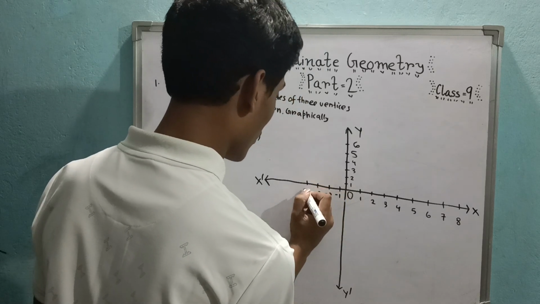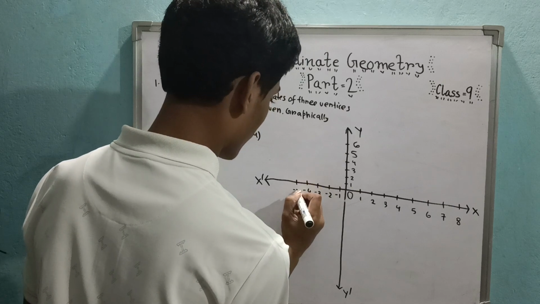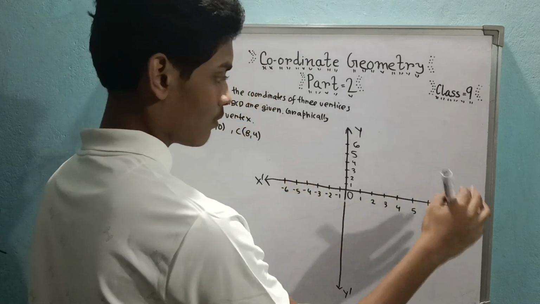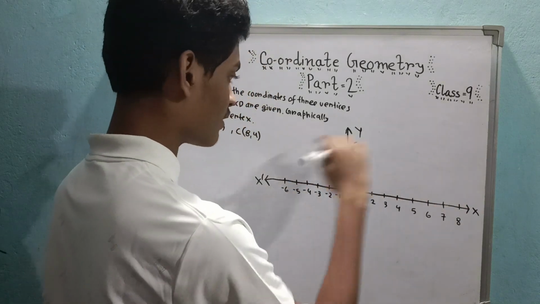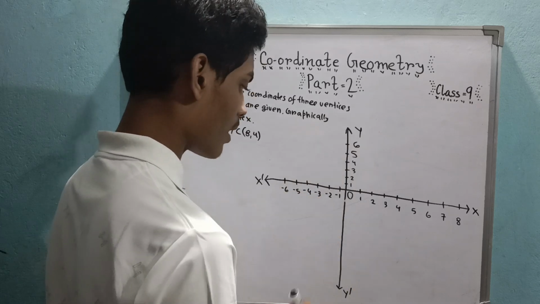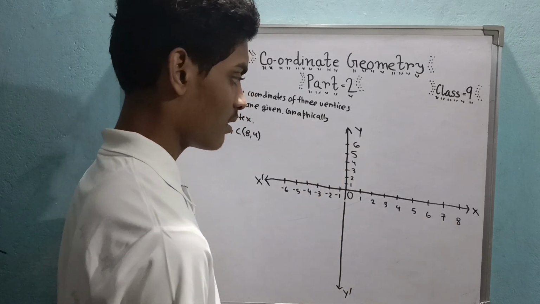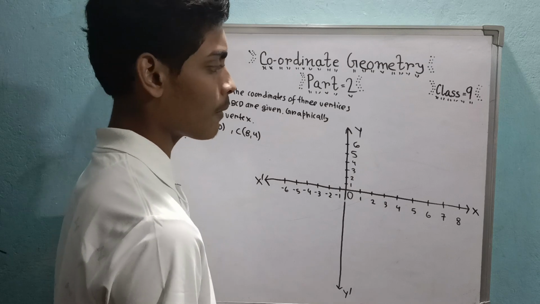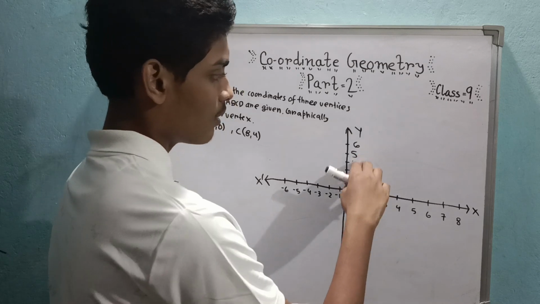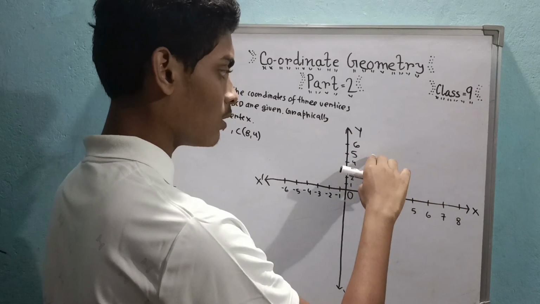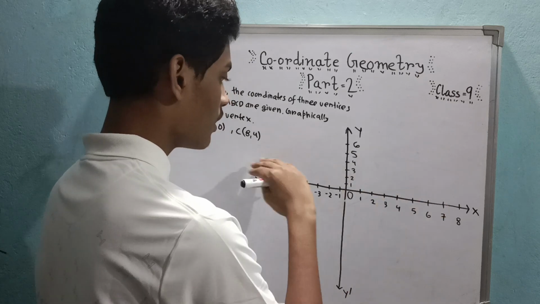On this side, -1, -2, -3. And you also learned about quadrants, right? There are 4 quadrants. What are the signs of the points in the 4 quadrants? This is the first quadrant, where both abscissa and ordinate are positive.